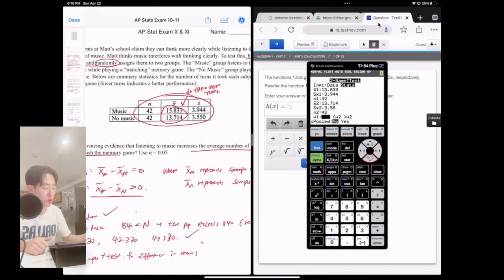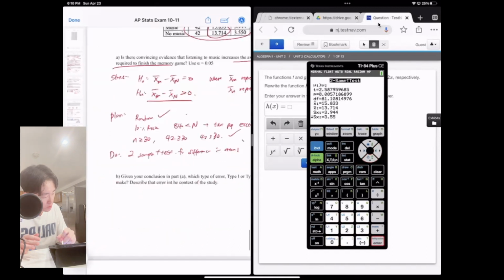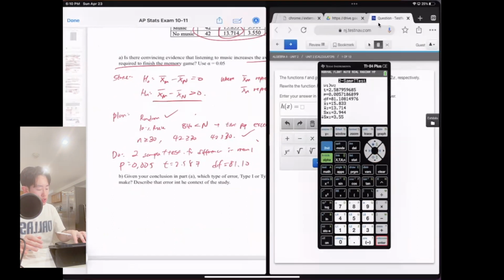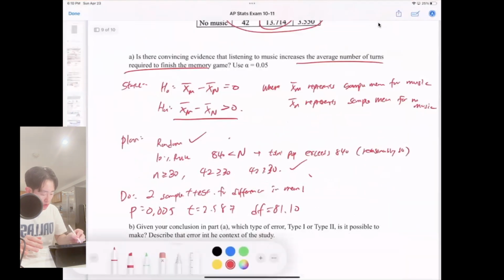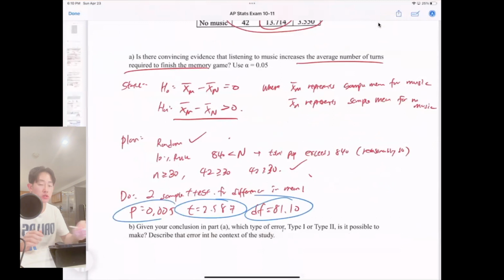Now, what we want is that the mean of the first one will be greater than the second mean, because the more turns it will take for music, not the one without the music. For pooled, say no, press calculate. So the p-value is 0.005, t-value 2.587, degrees of freedom is 81.10. Make sure you write down all of these other numbers because they're also quite important in you getting full credit. So since p is less than alpha, we reject the null.